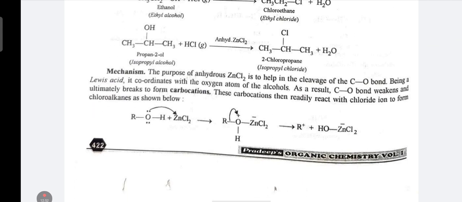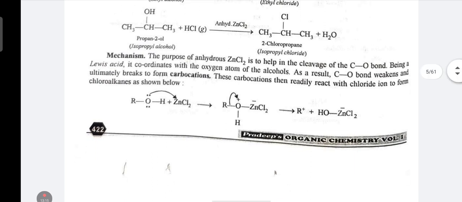ROH plus ZnCl2: there is a transfer of a lone pair to zinc. Zinc attains a negative charge and oxygen attains a positive charge. Then there is a formation of carbocation and zinc chloride hydroxide.